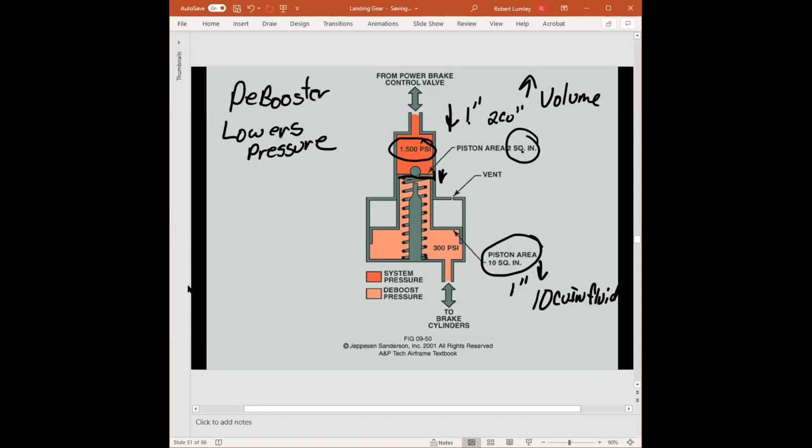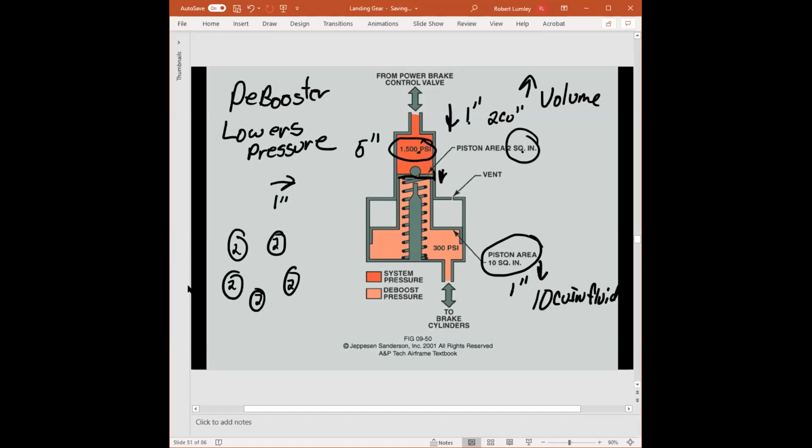Now, I'm going to try to show you this. Let's say we have 5 pistons. Each piston is 2 square inches. If we did not have a debooster and we wanted each piston to extend out 1 inch, we would have to push this down 5 inches to get the pistons out 1 inch.